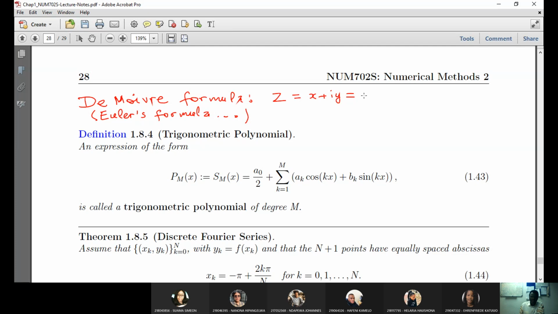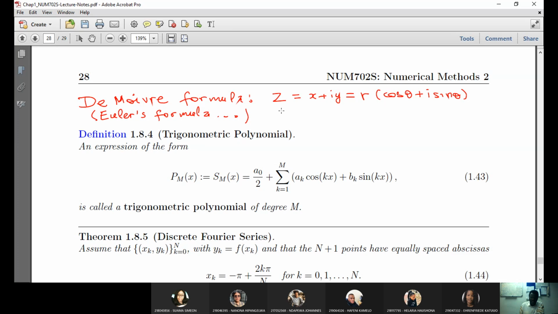But you can also write it as r times cosine theta plus i sine theta. This is not a formula, I'm just writing it, but now the formula is the following.